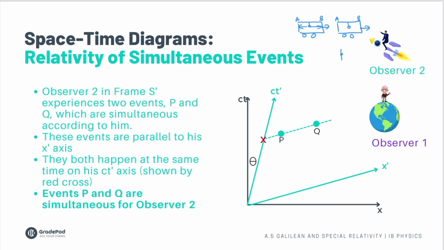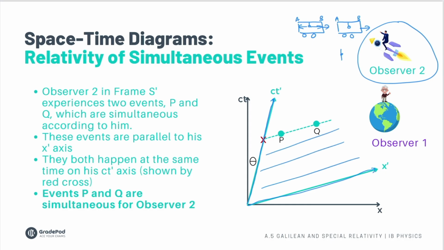I want to think of observer 2, the person who's moving. The space-time diagram grid axes for this guy who's moving is this set of axes here. And we saw on the last slide that the axes sit parallel within it. They're kind of squished up.